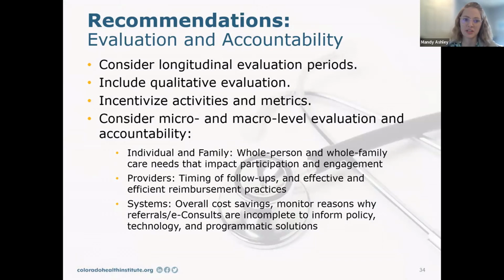Recommendations on evaluation and accountability are listed here. Consider both macro and micro level evaluation and accountability, which touches on individual and family, providers, and systems.